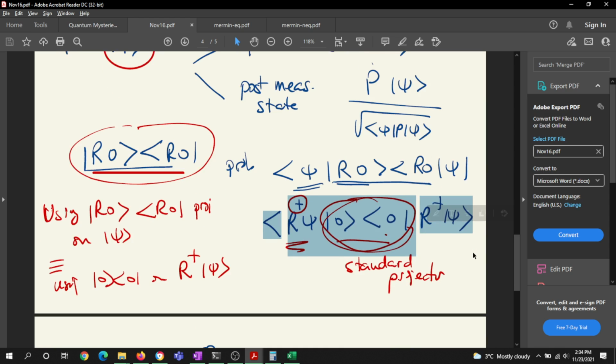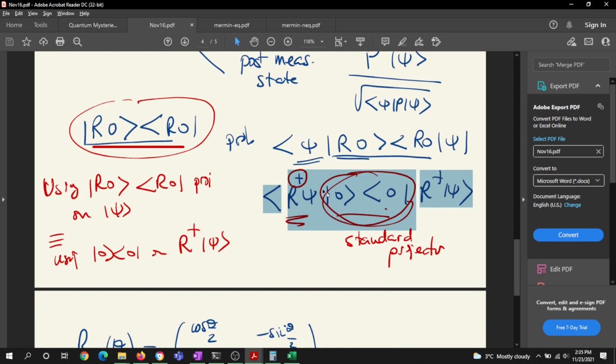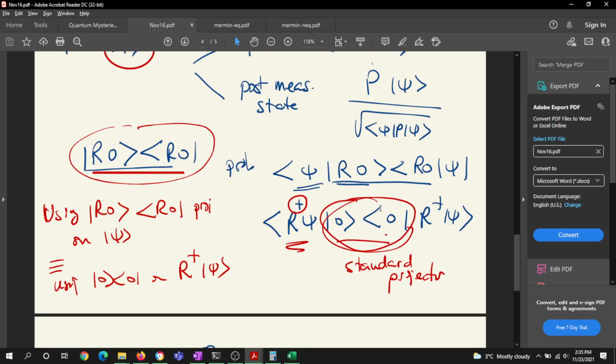I know it's hard to read the highlighting, but hopefully this is an overview, where we do a transformation so that we are able to use measuring in the standard basis, measuring on 0, as our little trick, because in Qiskit you can only measure in 0 or 1, so we need to make that in terms of a 0 or 1.